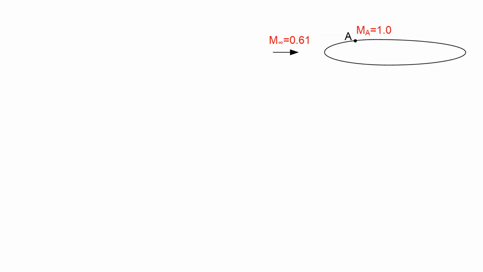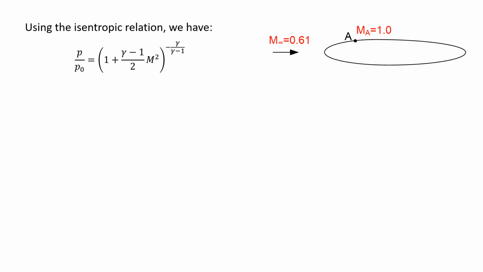Okay, so I'm copying that particular condition here, which corresponds to the critical Mach number for this airfoil. Now let's consider a random point over the airfoil. If we use the isentropic relation, we'll have this pressure ratio.